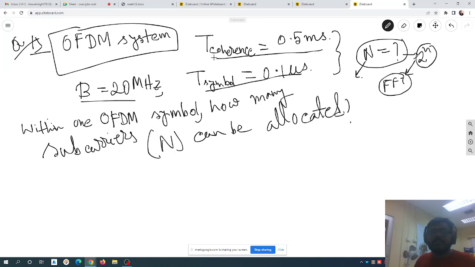The information given is the coherence time, the bandwidth for the system, and the symbol duration.